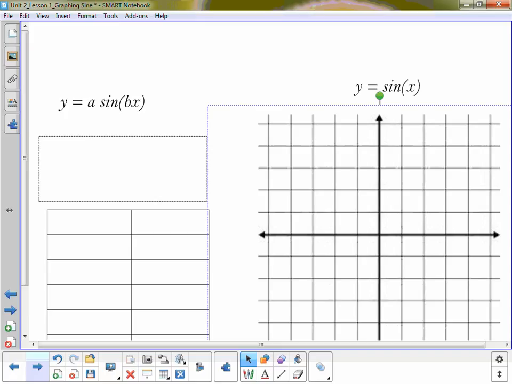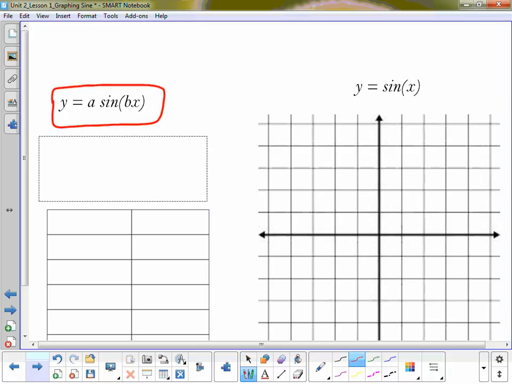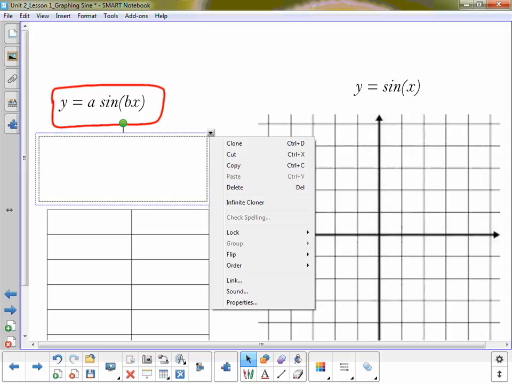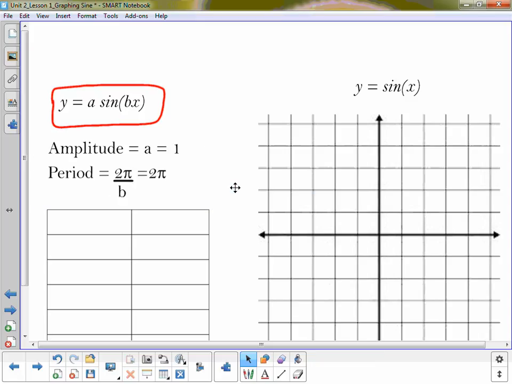So right now we're going to talk about sine functions in this form: y equals A sine of bx. The A stands for amplitude.